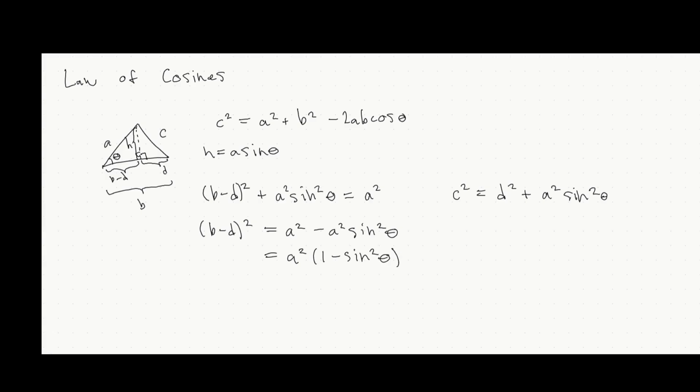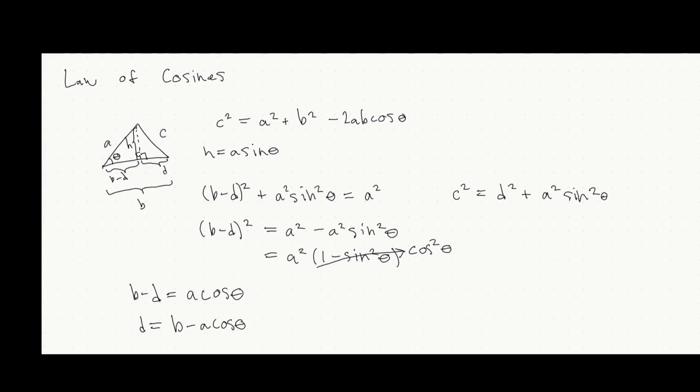And we know that 1 minus sine squared theta is actually cosine squared theta. That's from the Pythagorean identity. It's a pretty quick derivation, but I'll do that in a separate video. And so now let's find b minus d by square rooting both sides. We don't have to worry about plus or minus because side lengths can only be positive. Okay, so then solving for d, that's going to be b minus a cosine theta.